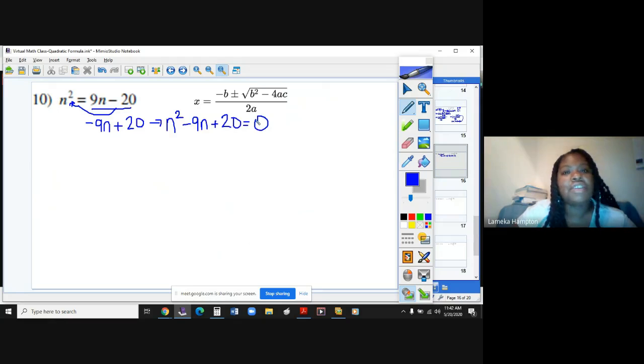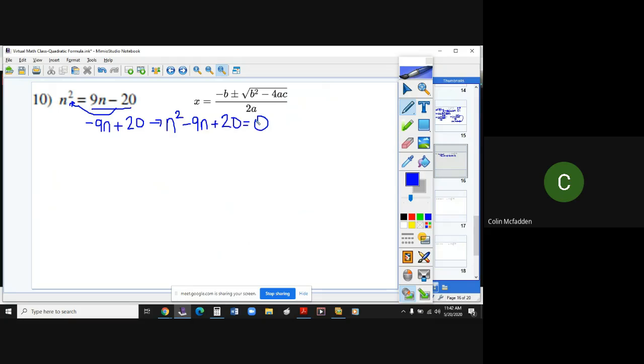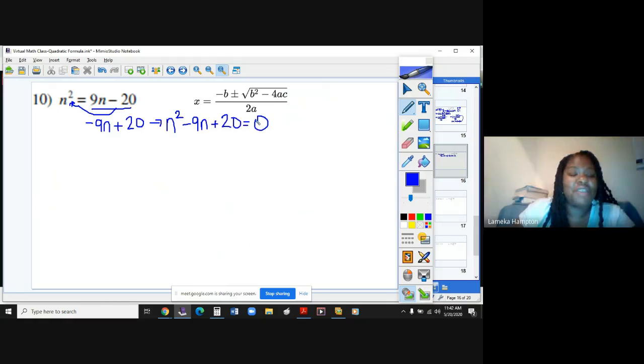Does everyone see what I did there? If you don't see it, tell me so. One more time. What I've done is I simply moved my 9n minus 20 over to the other side where n squared is.